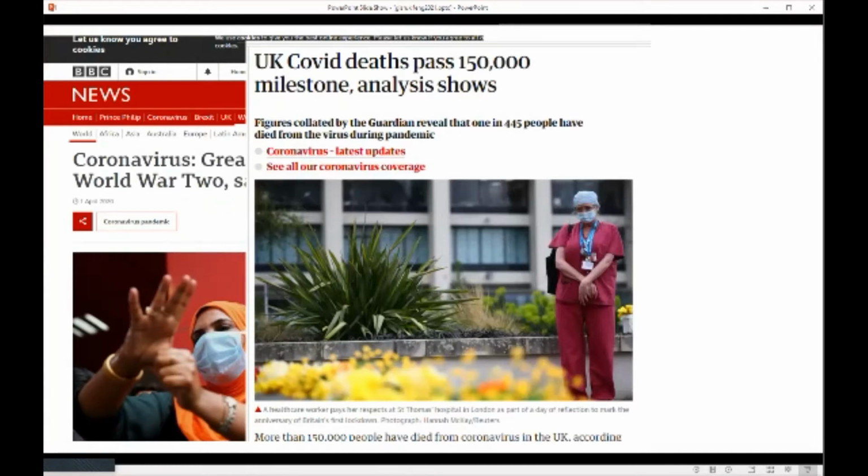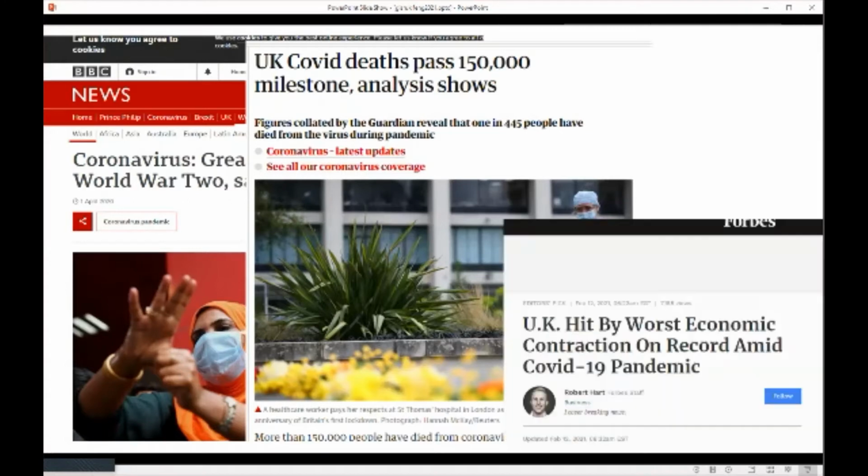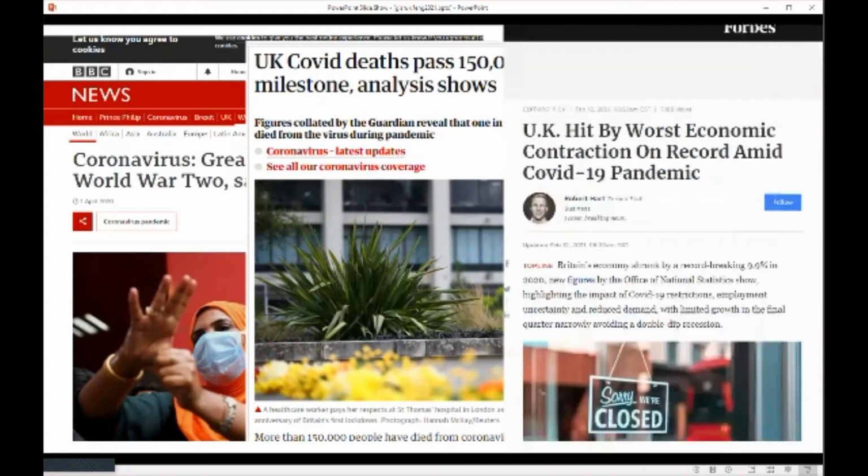Obviously, it has not only a health impact, but also a significant economic and social impact as well.